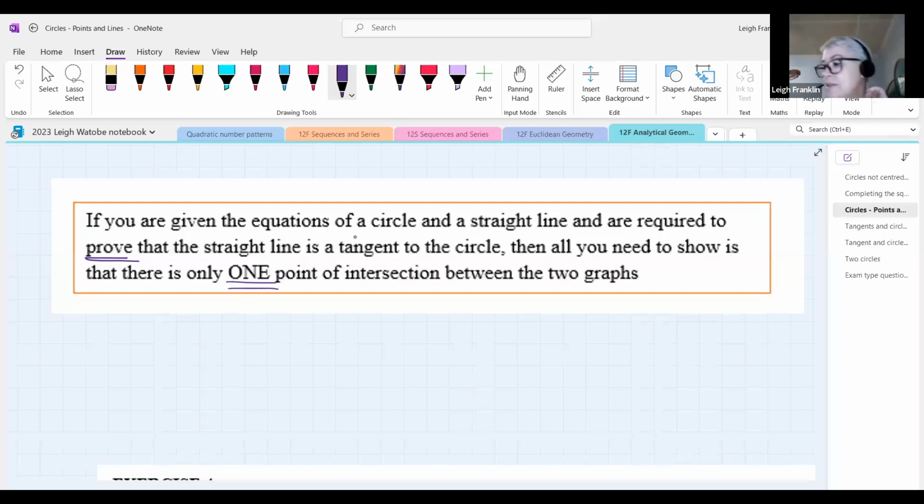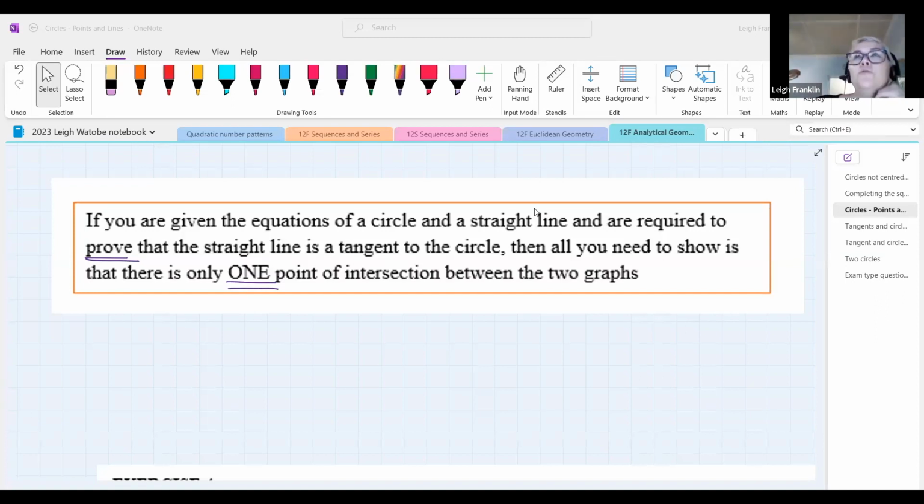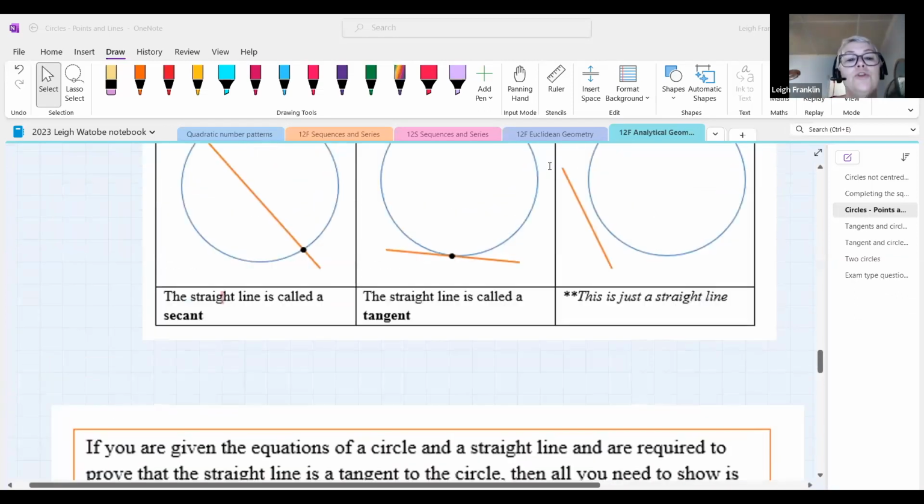That's the idea behind proving questions. If they said, prove that y equals whatever it is a tangent to a circle, you would solve simultaneously like I have shown you, but instead of ending up with a quadratic, you would end up with a linear equation because you're only going to get one solution.